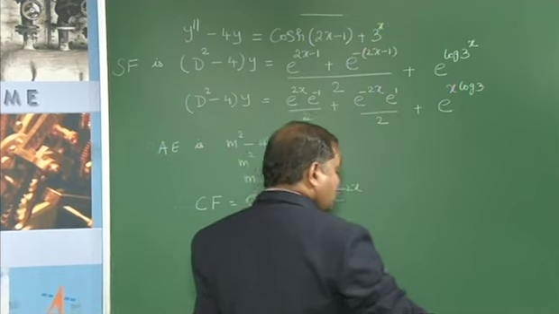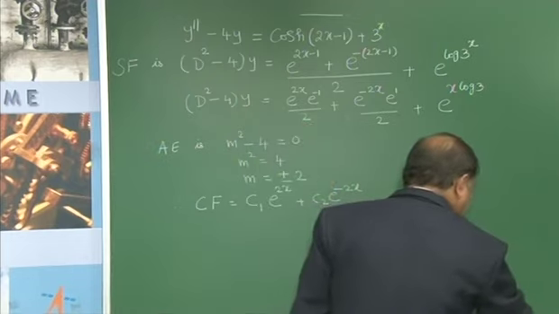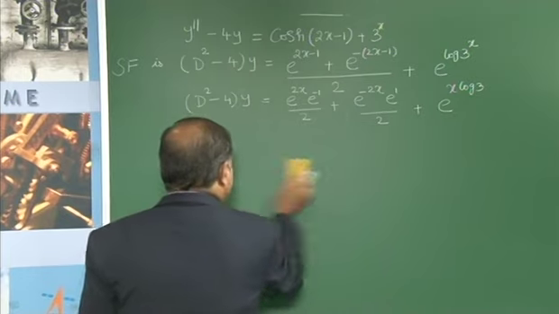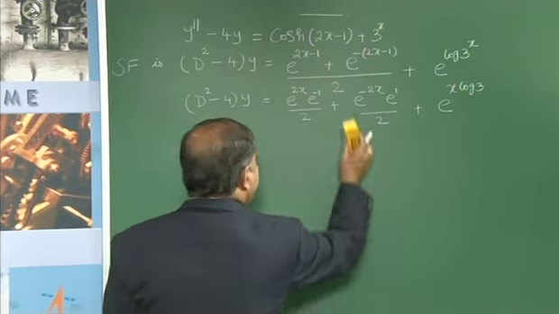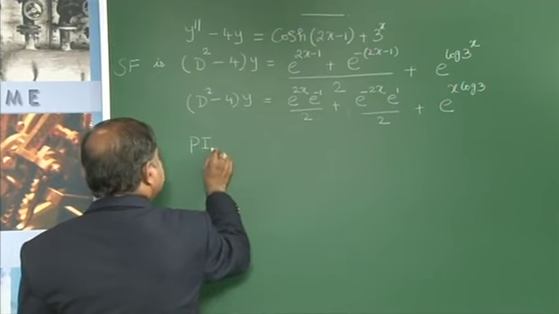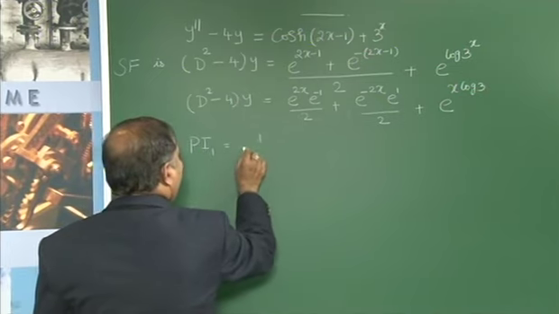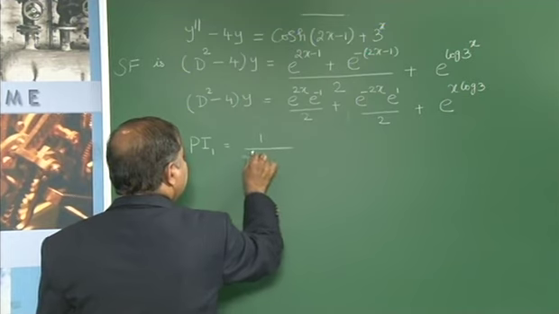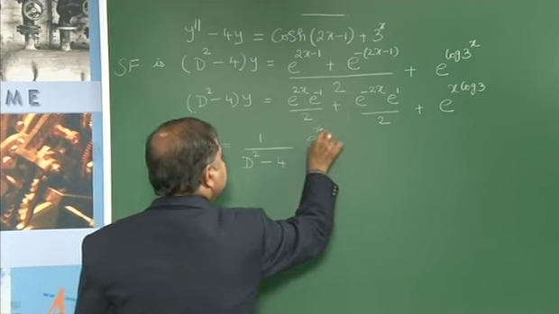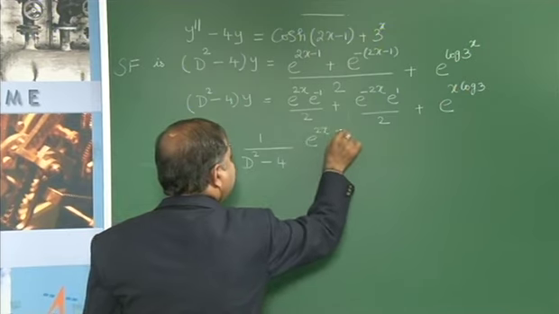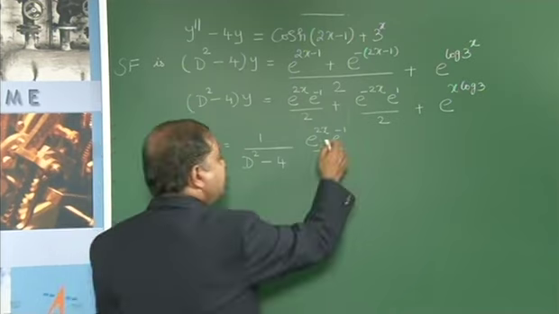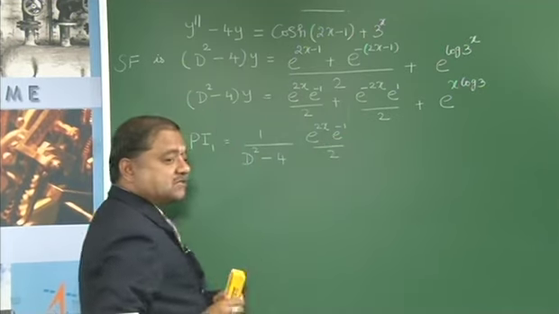Now let us go for particular integrals. We should find 3 particular integrals. Let the problem be there as it is. So PI1, first particular integral, 1 by D squared minus 4 e power 2x e power minus 1 by 2. This e power minus 1 by 2 is a constant.